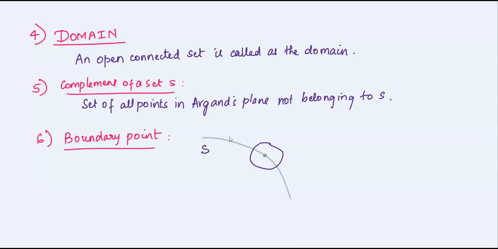Let's say this region is S and this is S complement. Then a boundary point is such that its neighborhood, no matter how small, will contain points within S, and it will also contain points that are outside of S, or in S complement. So that is a boundary point. That we understand, we don't have to define it perfectly.